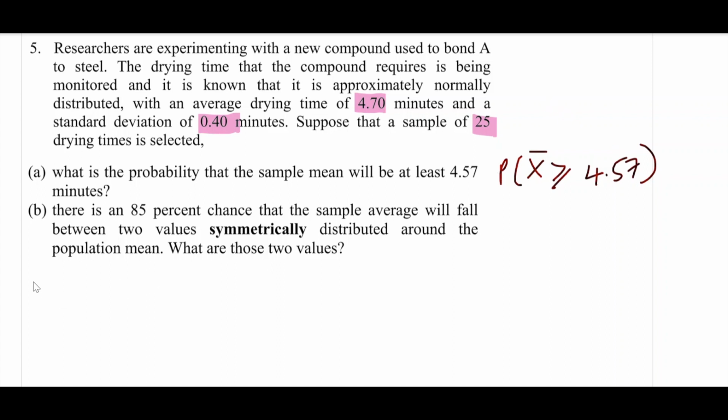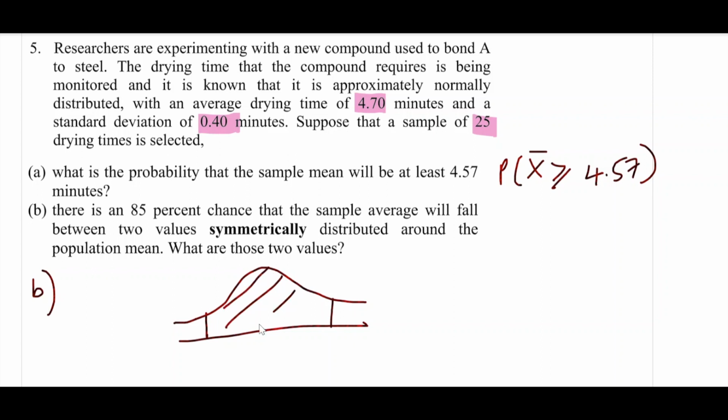It's question B. There's an 85% chance that the sample average will fall between two values symmetrically. The word symmetrically, two values. So this will be 85%, 0.85, and you need to find these two values.